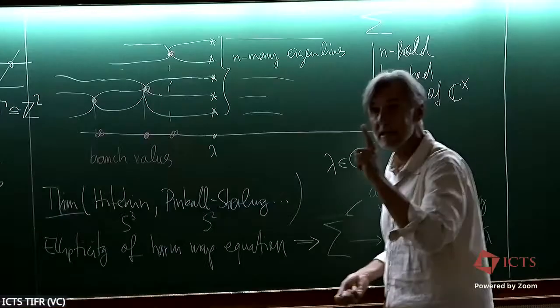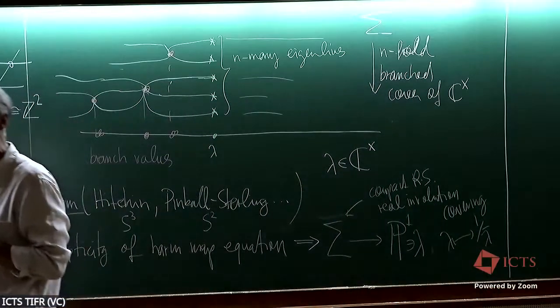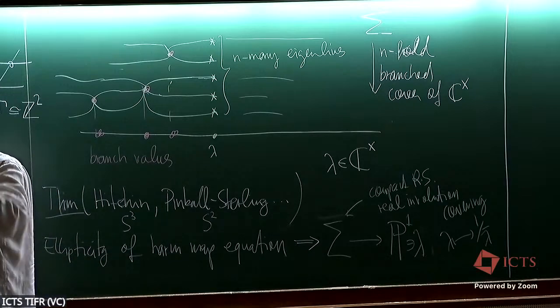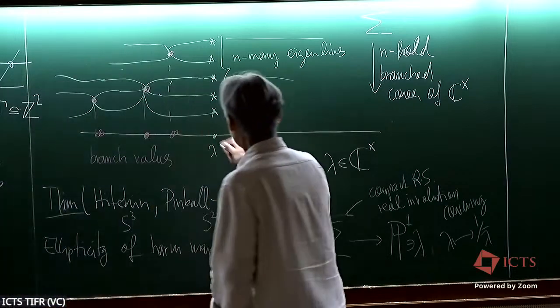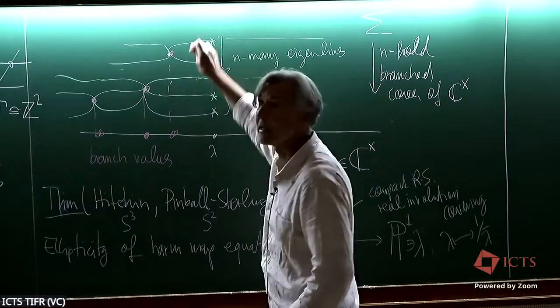which is depending on what groups I have, what my representation of my abstract group was in some matrix group, n-fold cover. And now I want to be very aware of what the points on my Riemann surface are. A point on this Riemann surface is an eigenline for this matrix which depends on lambda. So if I fix lambda, then I get the eigenlines on top.